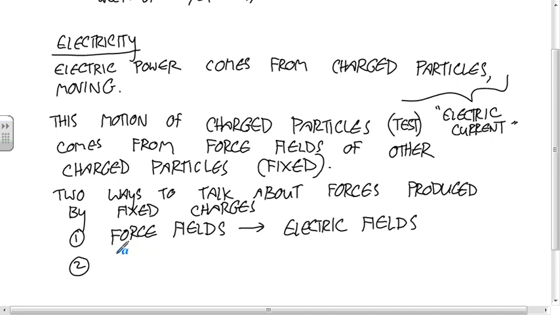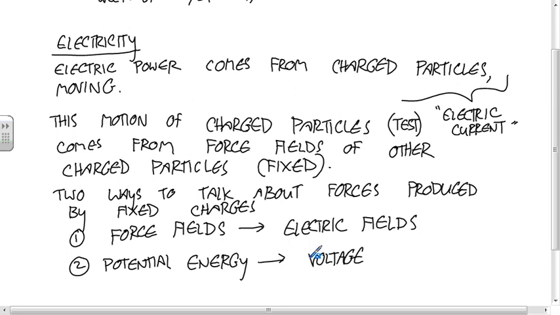And so the other way that we can talk about the forces of these fixed charges is potential energy. In the same way that force fields are going to lead us to this sort of obscure idea of electric fields, potential energy is going to lead us to the idea of voltage. And that's kind of cool, because voltage is what you're used to talking about, more practically speaking.